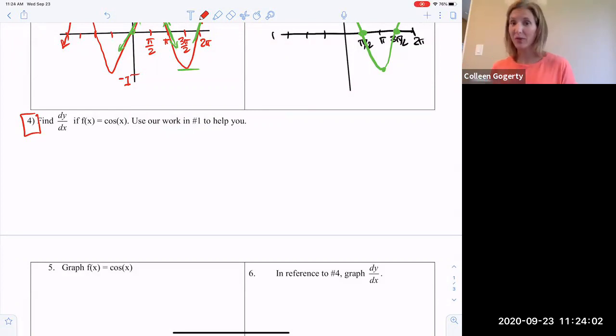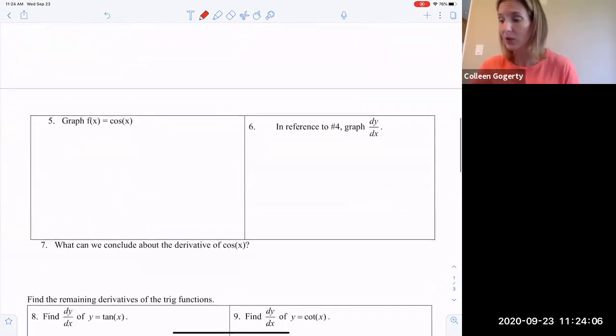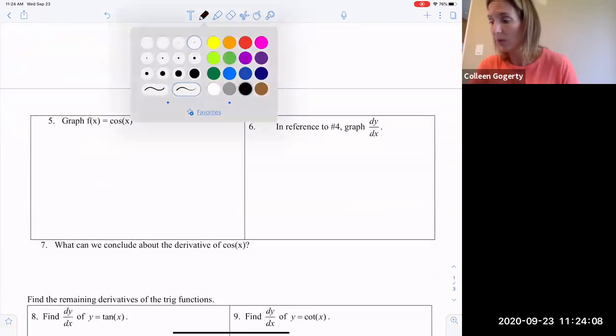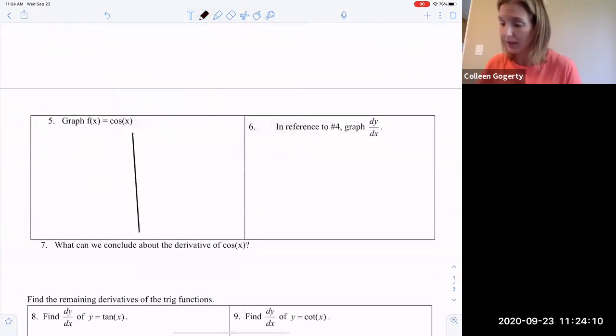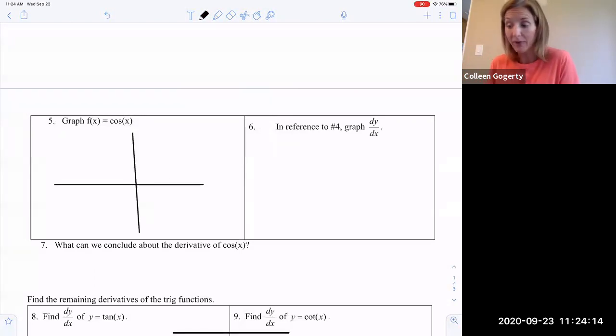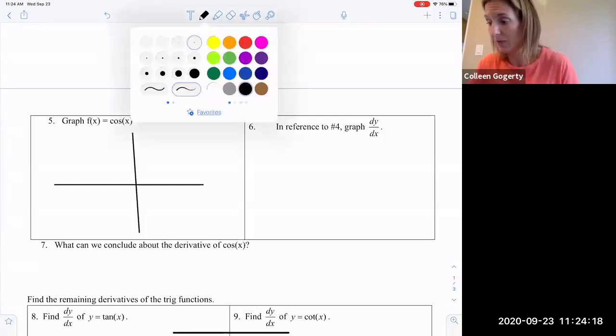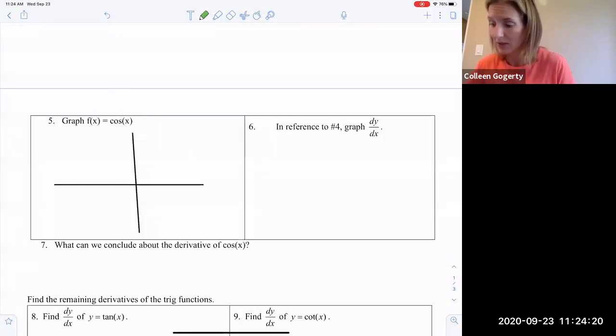A faster way for us to determine it for right now is to look at the graph of f of x. What does cosine look like? Can we estimate through a graph what the derivative of cosine is going to be? We have seen this before, so we should be able to do it. Here's cosine, a very rough sketch.